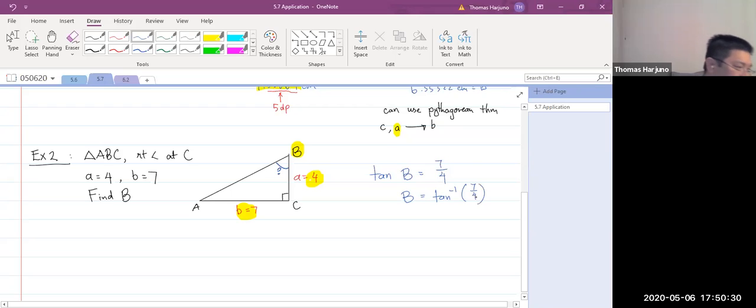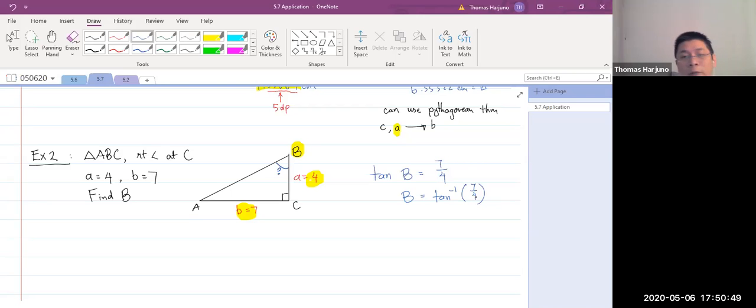Now we did this before, right? Check how to solve for the angle. Yeah, in 5.4, we did that in 5.4.